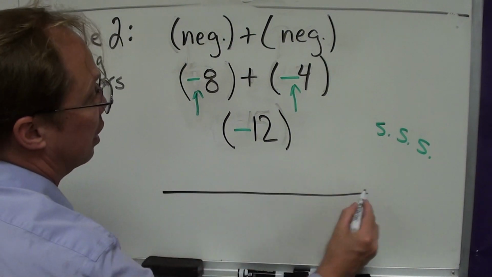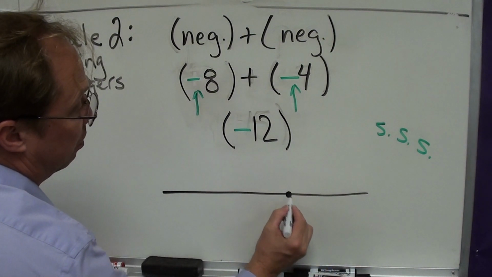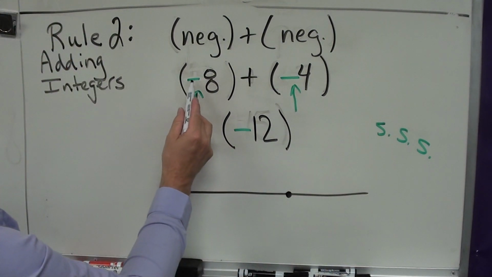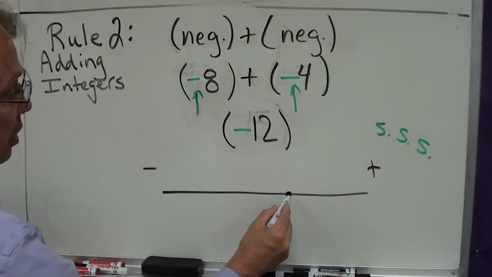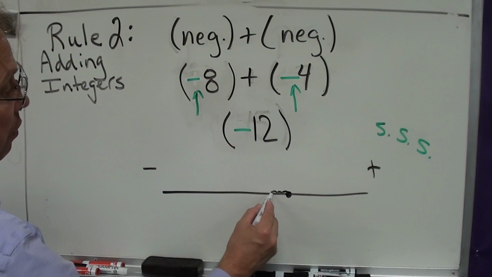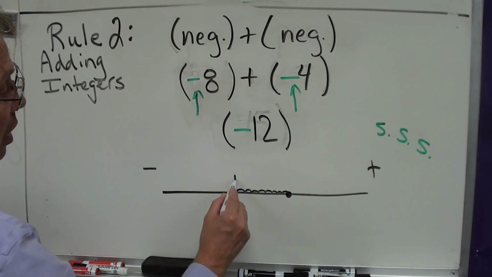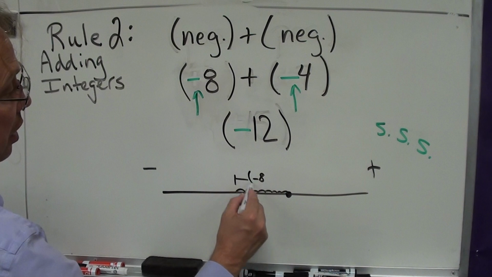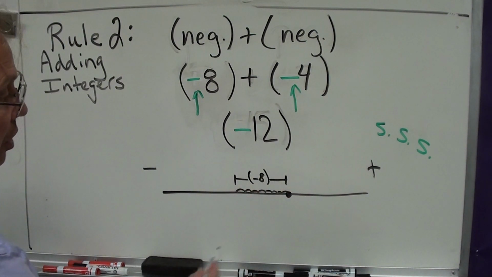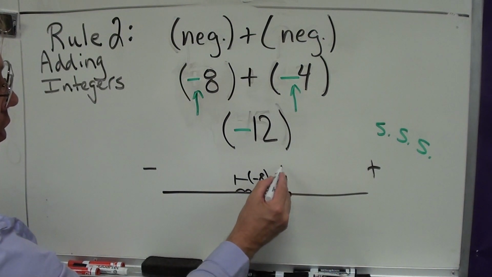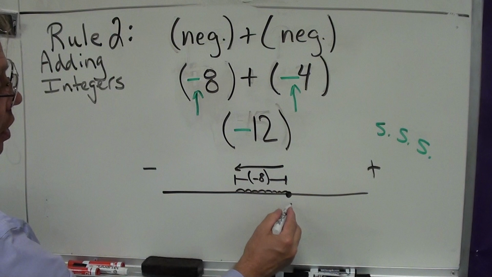If you think of this on a number line, and we are starting at 0, we have the negative direction and the positive direction. Negative 8 spaces, 1, 2, 3, 4, 5, 6, 7, 8. This distance is negative 8 from 0. I go in the negative direction for negative 8.